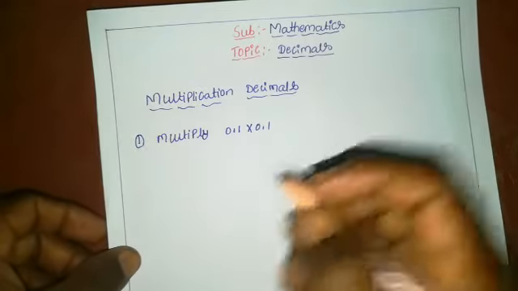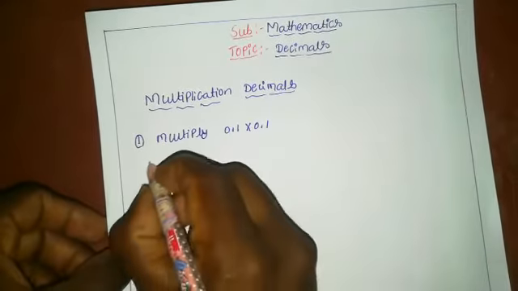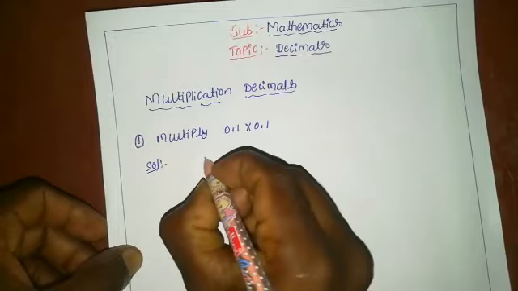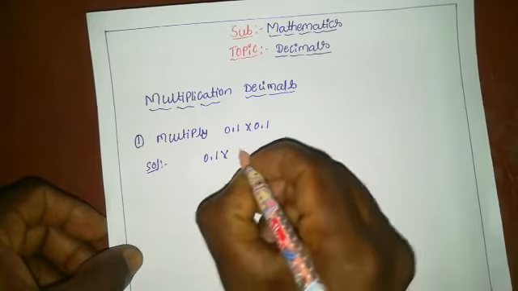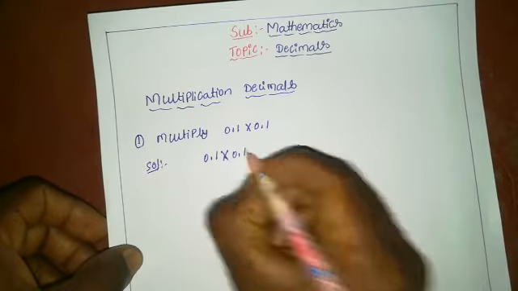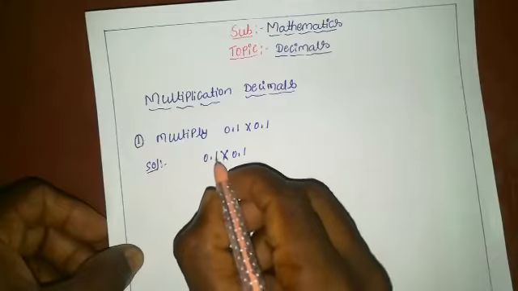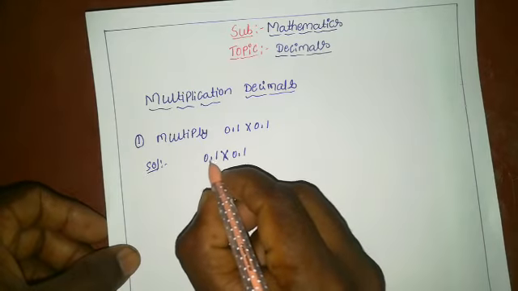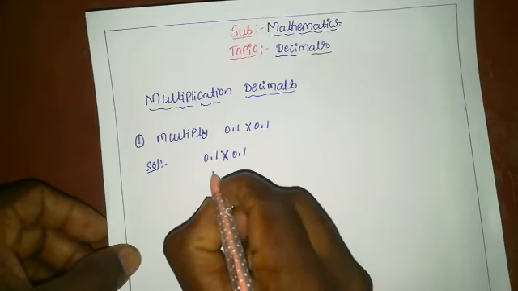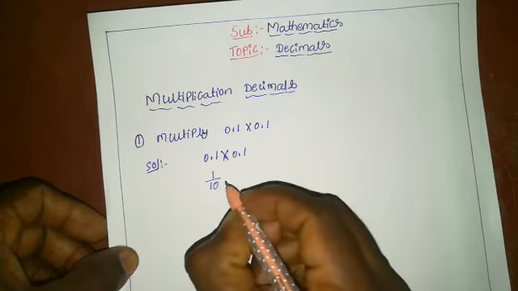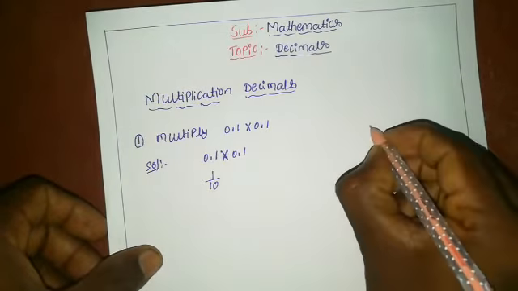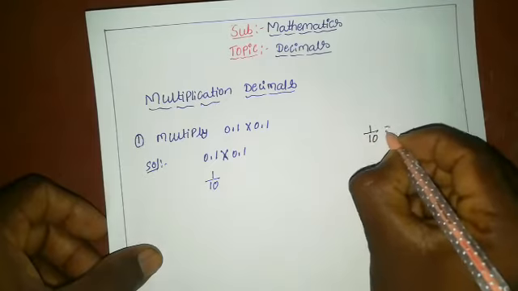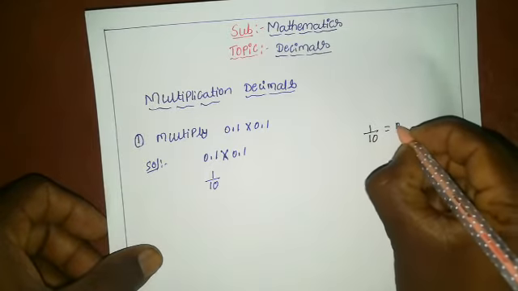Let's say 0.1 into 0.1. We can write 0.1 as 1 by 10, because when we simplify 1 by 10 we get 0.1.